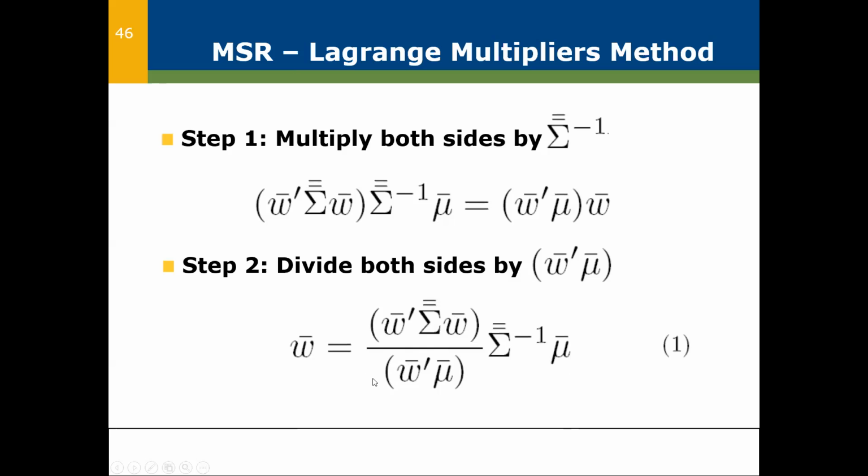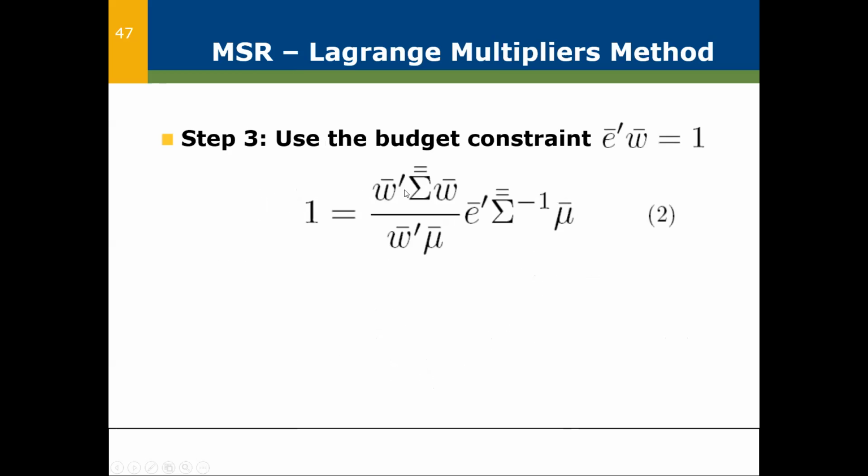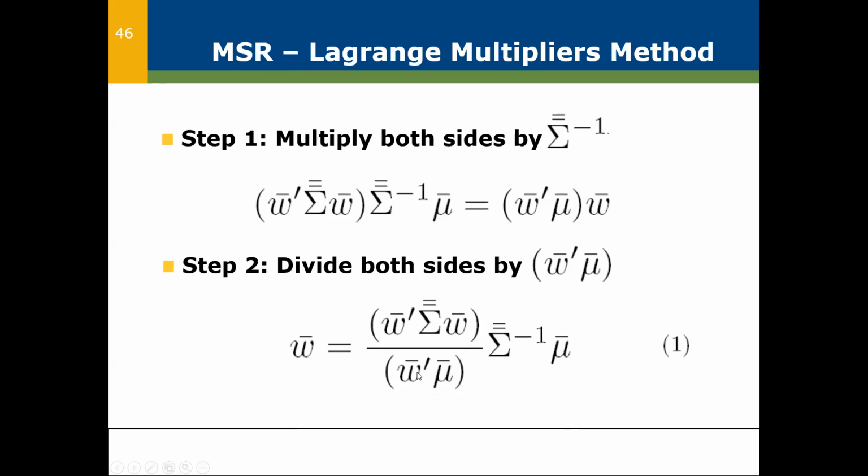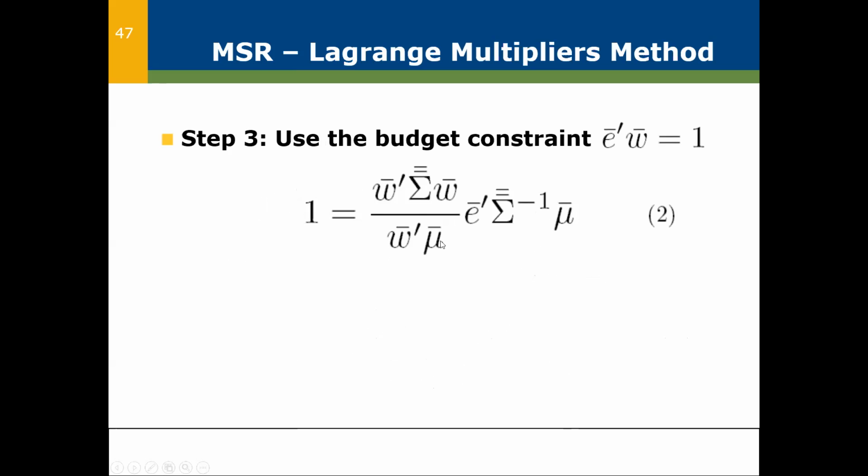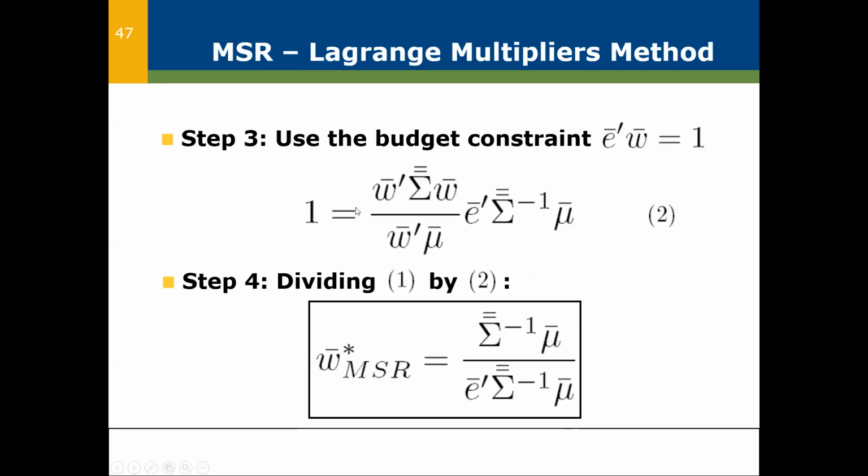But when we apply our budget constraint, we can essentially get rid of all this stuff here. And so by doing that, we find that all this stuff here is equal to 1 divided by this term here. So then I substitute that in.